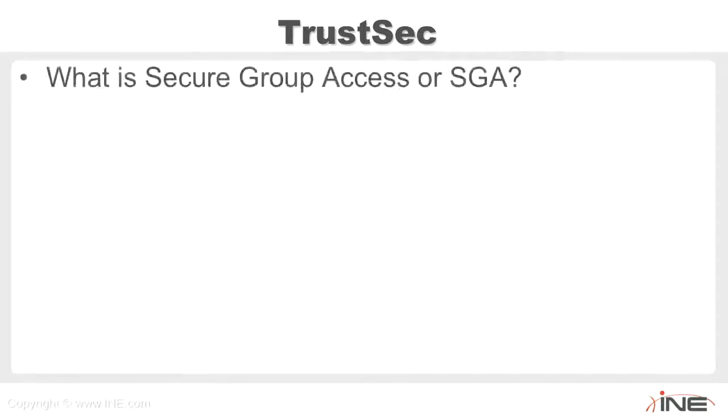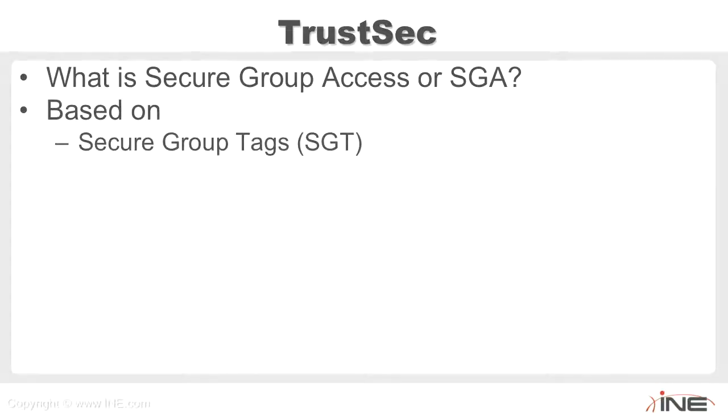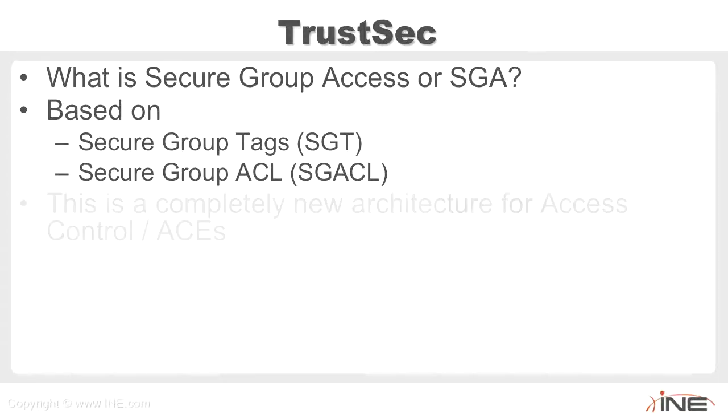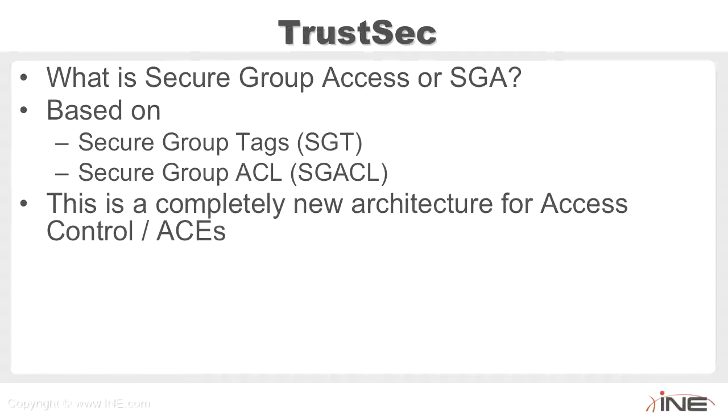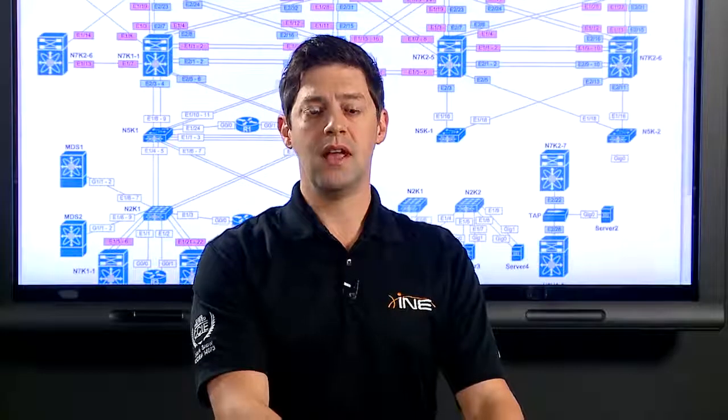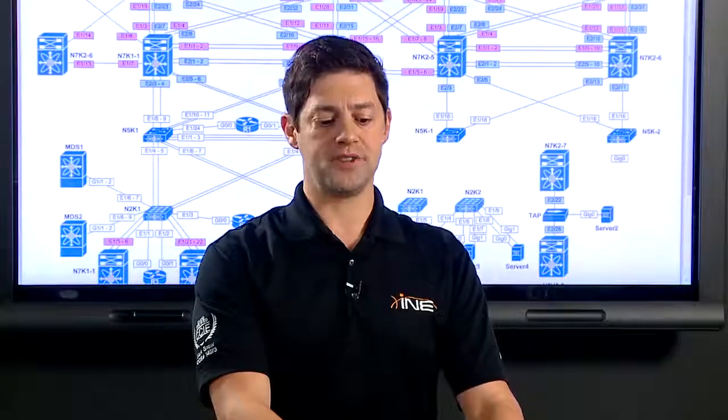So, finally, what is Secure Group Access, or SGA? Secure Group Access is based on two main entities, the Secure Group Tag, or SGT, and the Secure Group ACL, or SGACL. So this is a completely new architecture for access control lists, really for access control and access control entries.